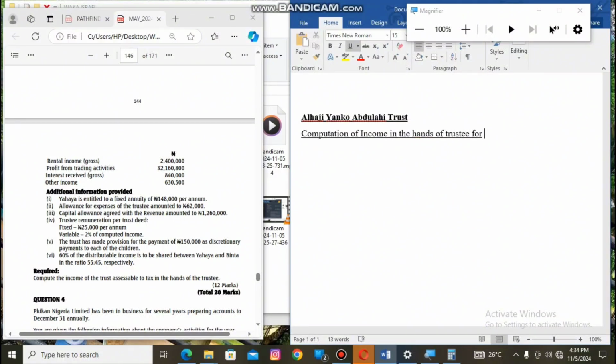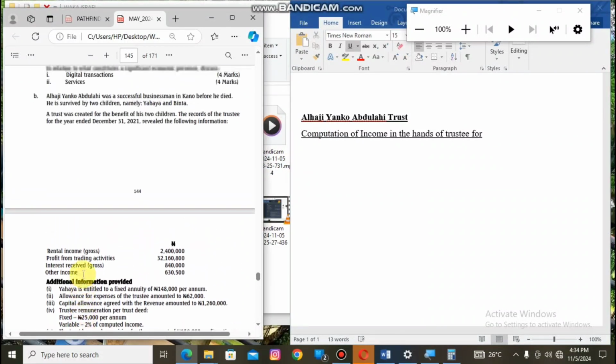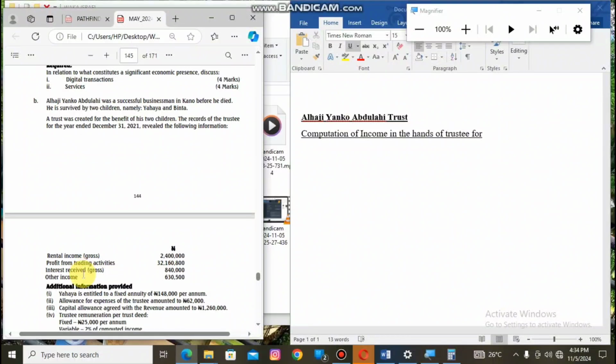For which assessment year? You flip through the question and see the basis of assessment here. This will be on preceding year basis, so it will be 2022 assessment. First thing you bring down, please, you should know that you have your naira sign.